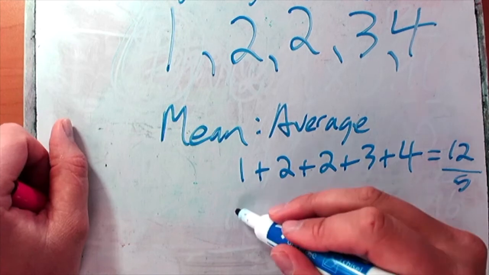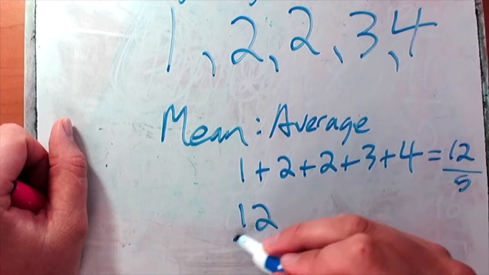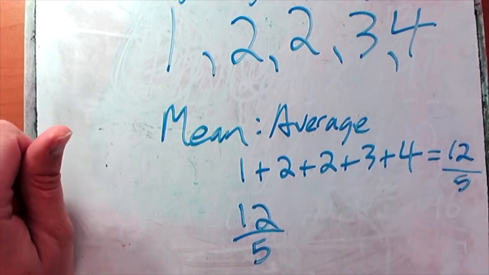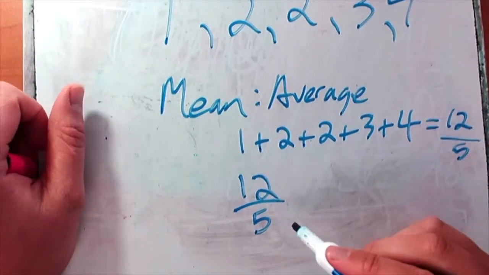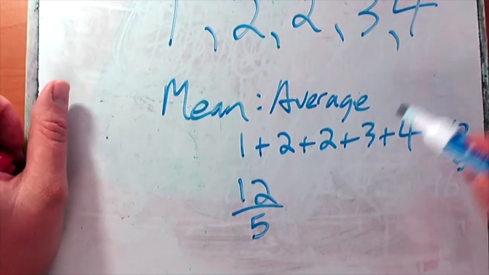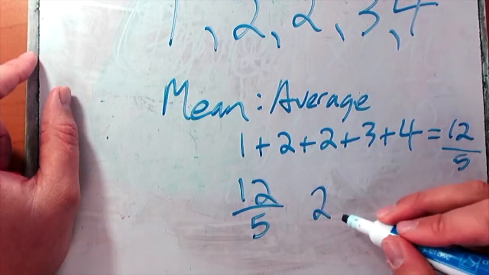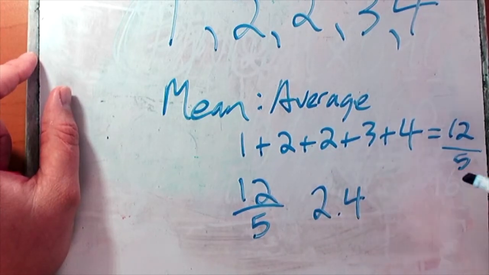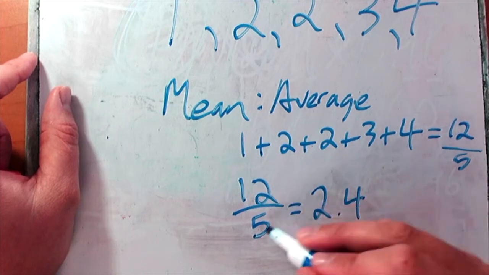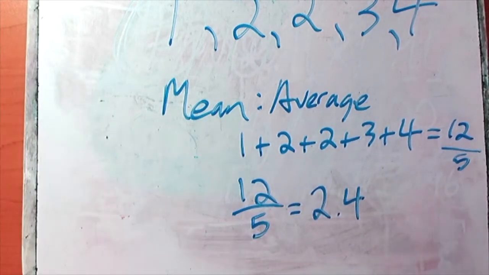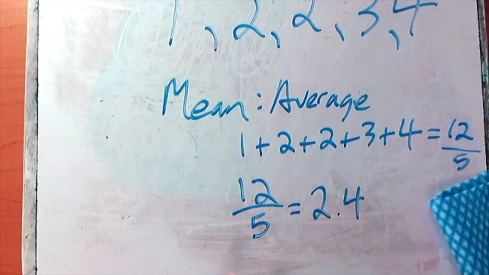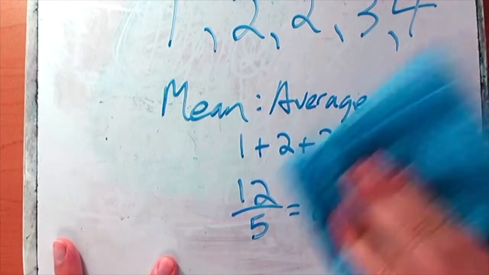So the average, or the mean, is 12 over 5. That is the mean for this data set. If we wanted to translate that, it would be 2.4 if you calculated that using your calculator. So 2.4 is the average of those.